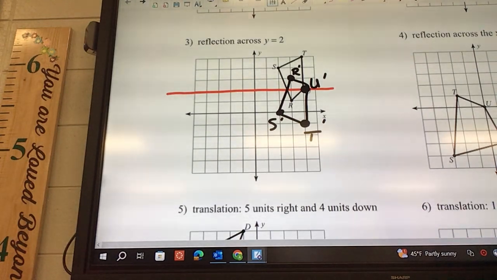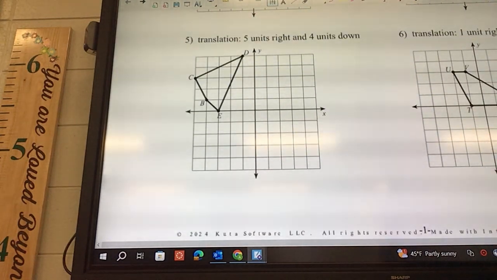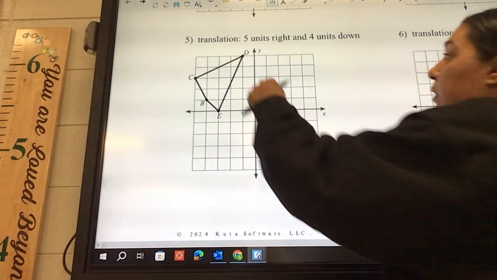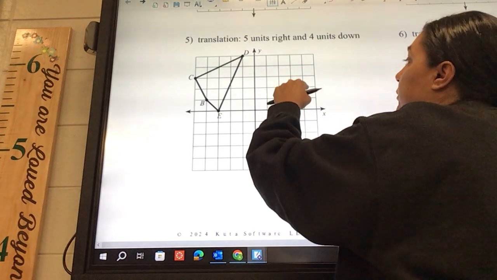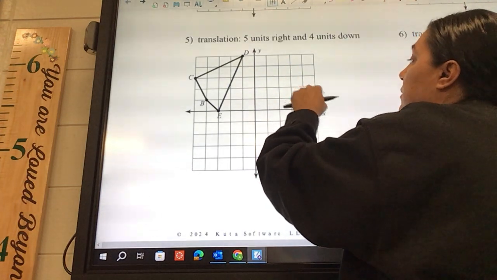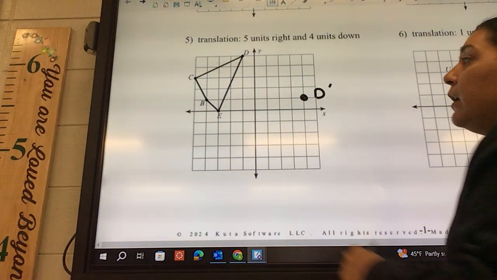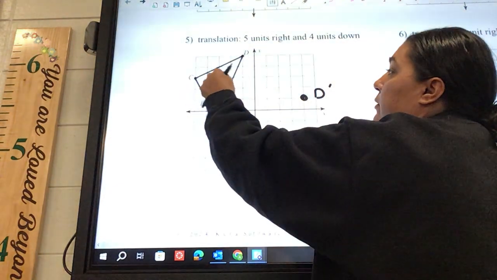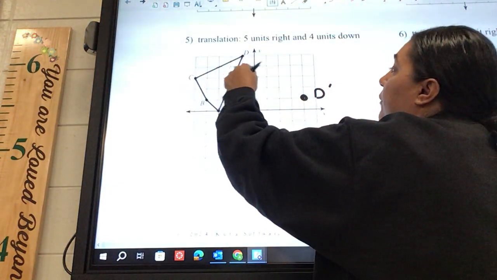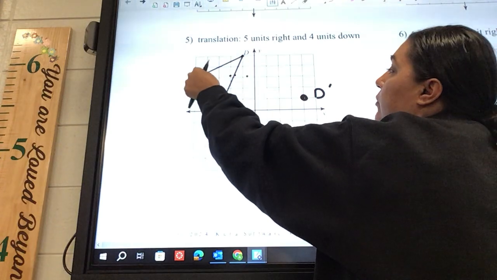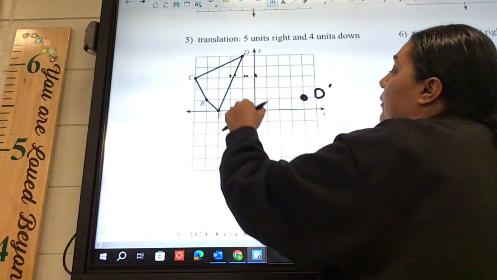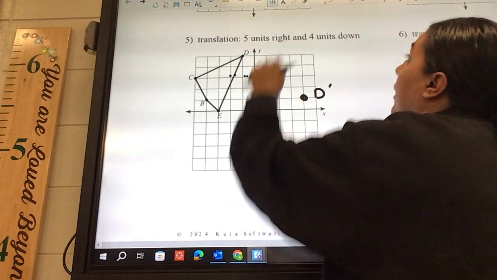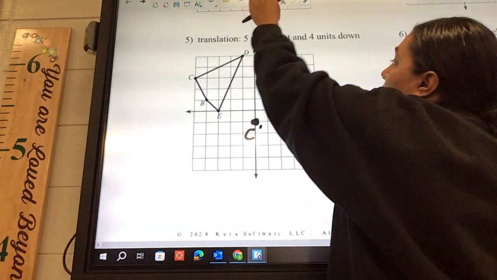And so if we look at number 5, it says shift it to the right 5 units and 4 units down. So we're going to go to the right 5, 1, 2, 3, 4, 5, and down 1, 2, 3, 4. So this is going to be my new D prime. Okay, C, we're going to go to the right 5 and down 4. So this is going to be my C prime, and ignore all these little dots my marker makes.